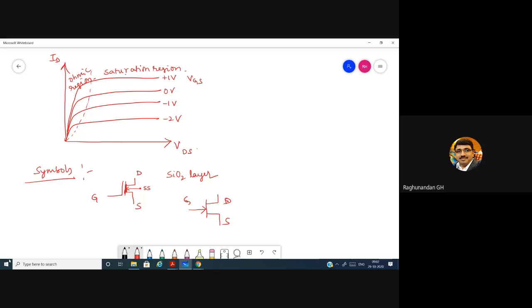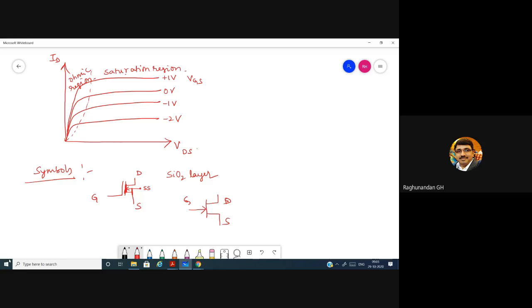And the substrate connection comes in between this. If it is left without any connection, it will be written like this. Suppose you are going to short this substrate connection, I told you we are going to short it with source, then it will be written like this.